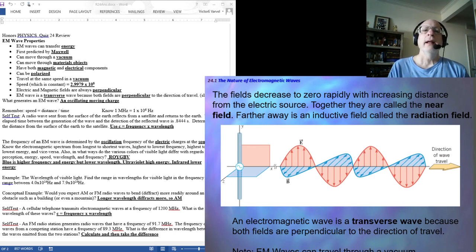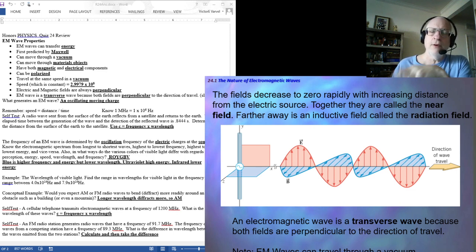Now, together, these electromagnetic fields are called the near field when they're close together. The farther away, as it converts from a direct causality of electromagnetic waves, you get this induced field. And we call that the radiation field.